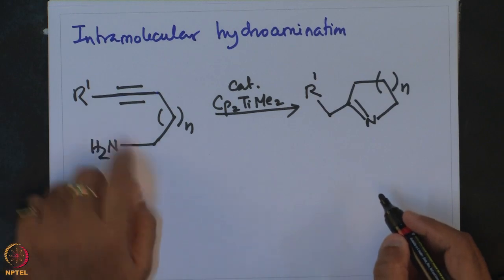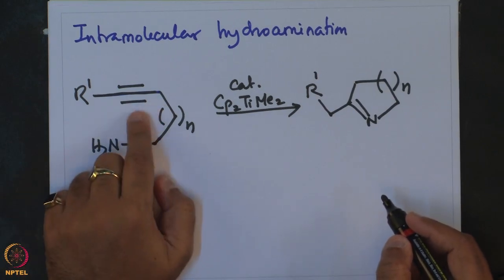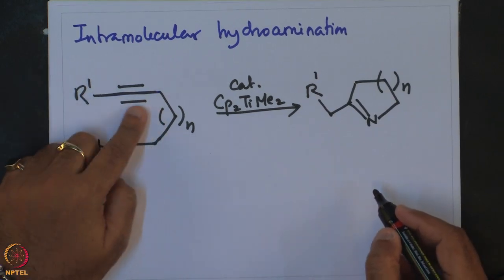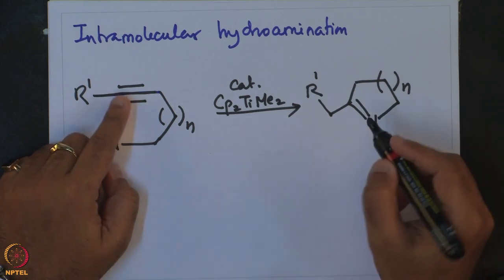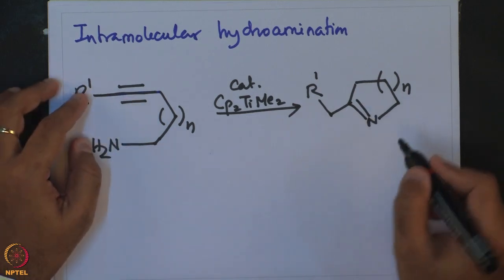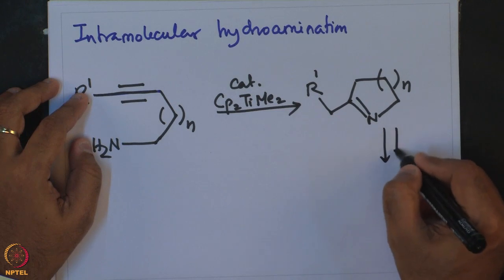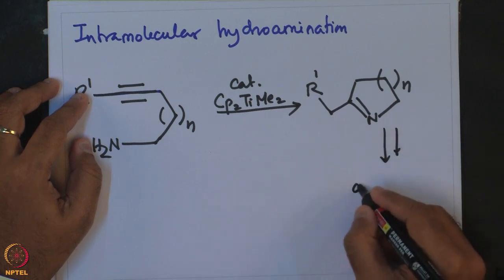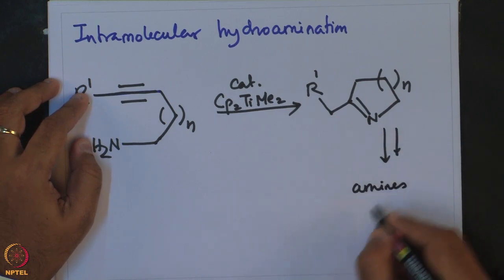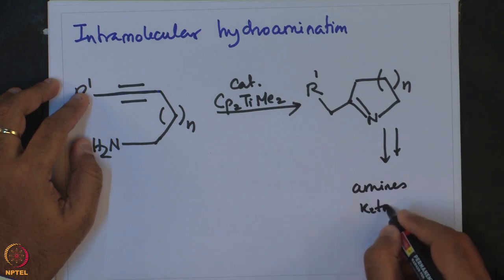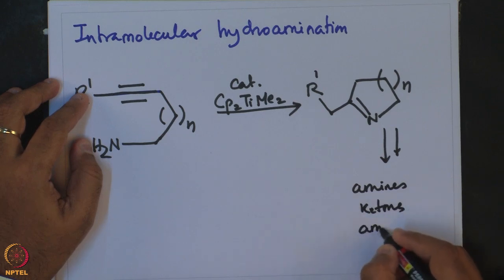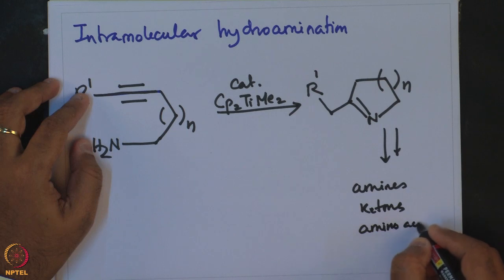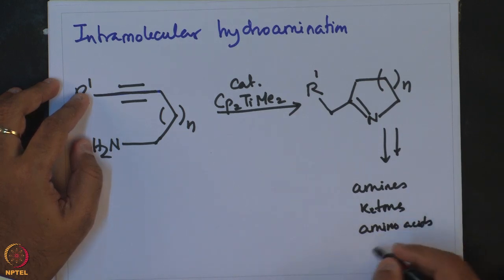So, this is this NH adding across this alkyne in an intramolecular fashion, which again can be converted to amines, ketones, amino acid, and so on.